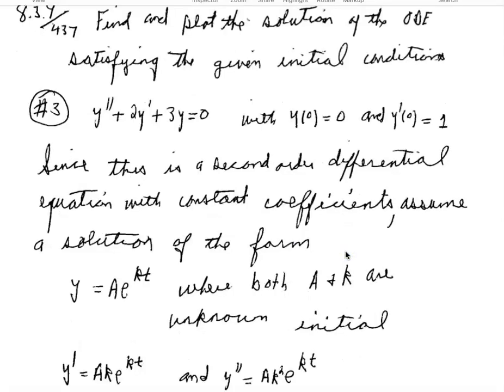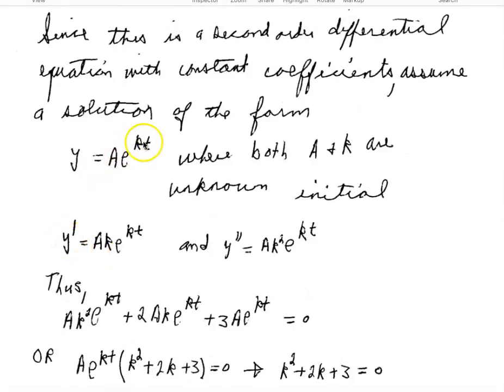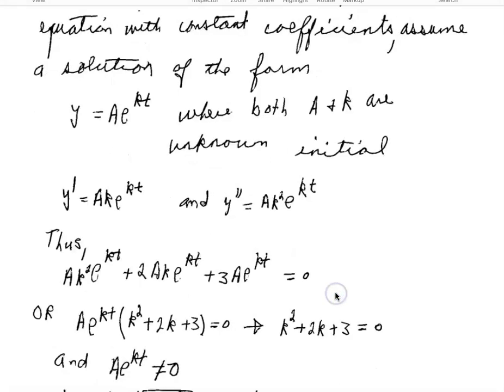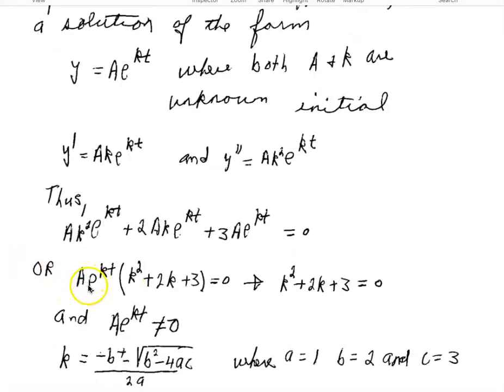All right. So once again, you do just as I said previously. We're going to assume that this expression is a valid solution: y equals A e to the kt, and we're going to substitute this quantity into the differential equation. You substitute, and you can factor out capital A e to the kt, and you're left with this indicial equation that the quantity k squared plus 2k plus 3 must equal 0.